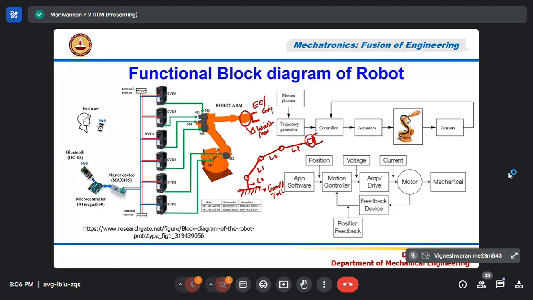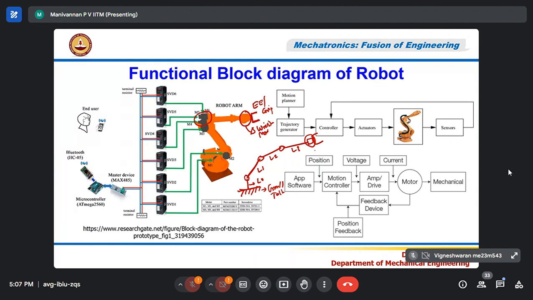The wrist mechanism has 3 joints having a common center. It is manufactured such that there are 3 motors. You can see M4 to M6, all these things are here. There are 3 motors attached, which in turn are going to control this. So now this is what you have to draw.